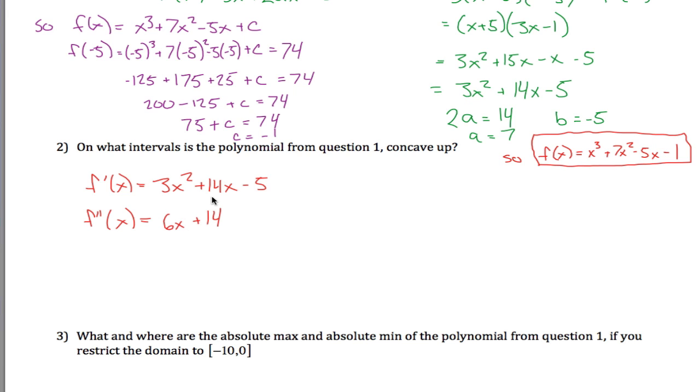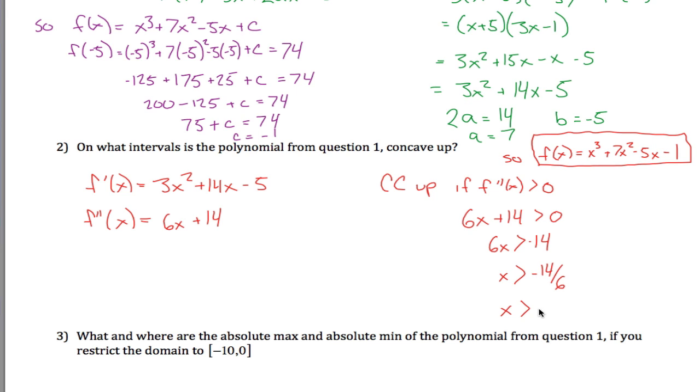So we want to know, when is this thing concave up? It's concave up if f double prime of x is greater than 0. That is, if 6x plus 14 is greater than 0, that is, if 6x is greater than negative 14, or if x is greater than negative 14 sixths.